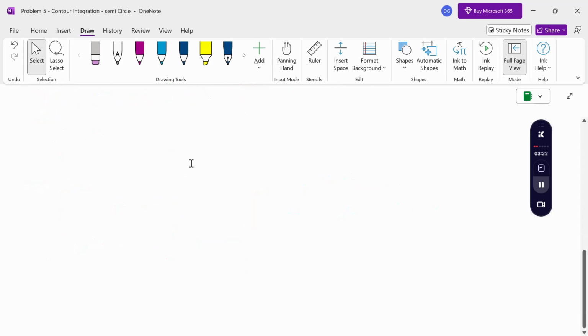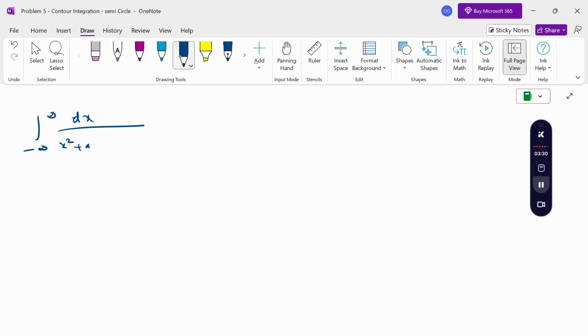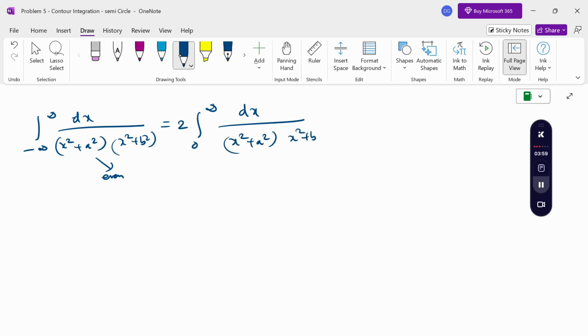Therefore here, the integral from minus infinity to plus infinity of dx by (x square plus a square)(x square plus b square). Look here, when I replace x by minus x, it is again x square, therefore it is an even function. This is also even, this is also even. When it is an even function, we should write it in the form 2 times the integral from 0 to infinity of dx by (x square plus a square)(x square plus b square).